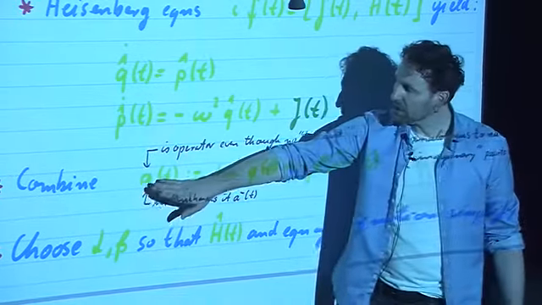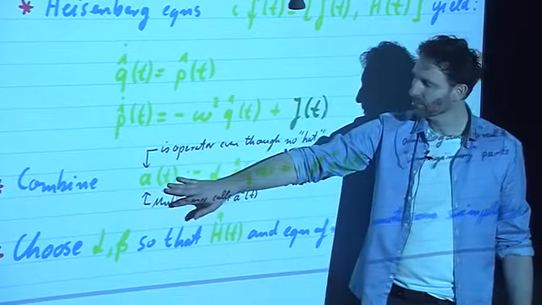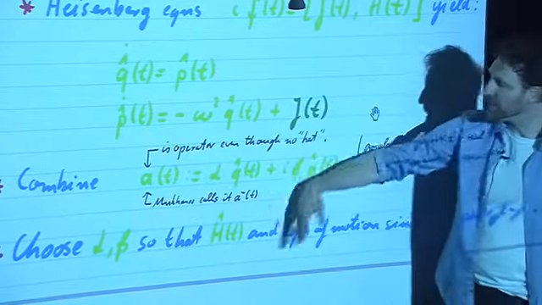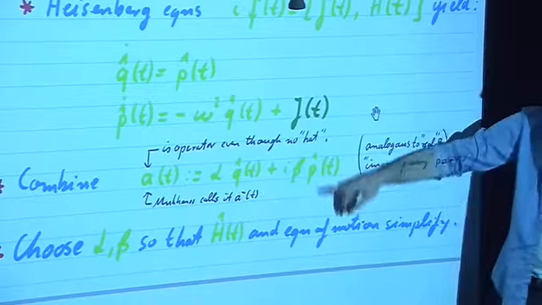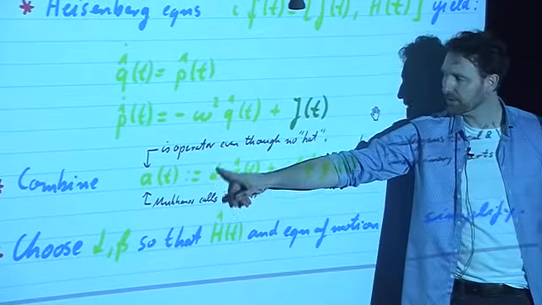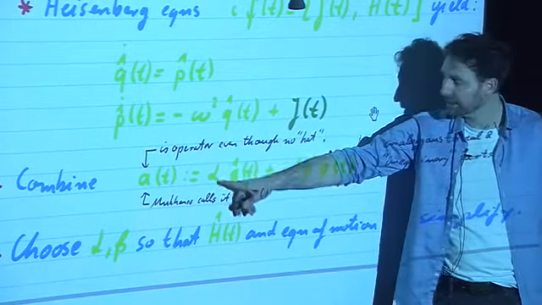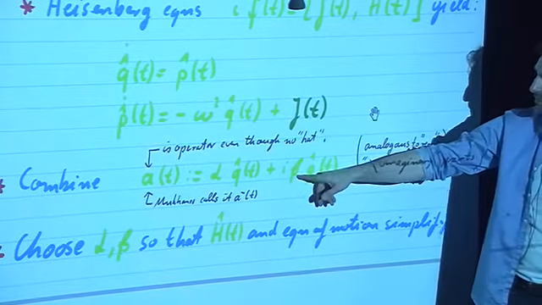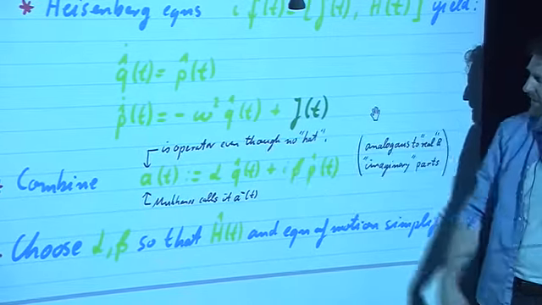So we introduce an operator A of t, which is simply a linear combination of the q and the p. It has some coefficient alpha that we will choose to be real later on, and the coefficient beta that we will choose to be real, but here the imaginary unit.